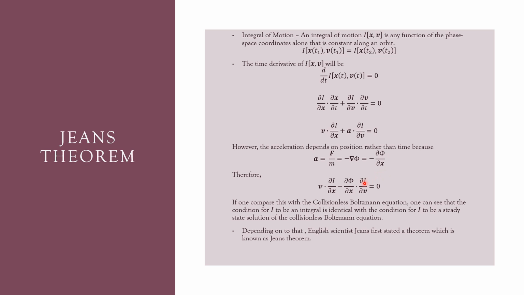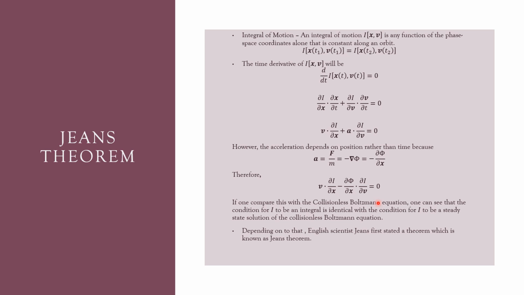Therefore, if we use this instead of a, we get this equation: v dot del I by del x minus del phi by del x dot del I by del v is equal to 0.